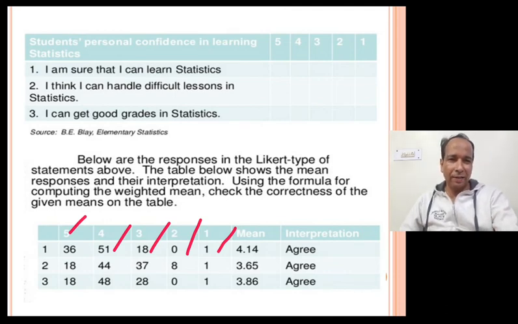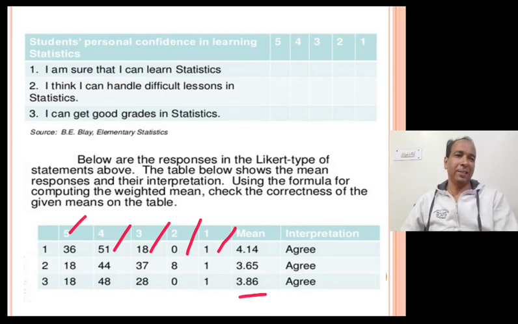Similarly, for the second question you calculated the arithmetic mean and found it to be 3.65, and for the third question you found it 3.86. Now how would you interpret these mean values? Like, what does 4.14 mean, what does 3.65 mean, what does 3.86 mean? This is interesting to learn here.